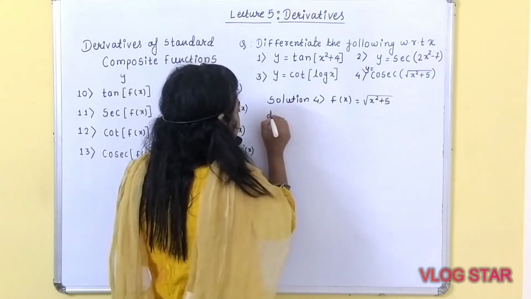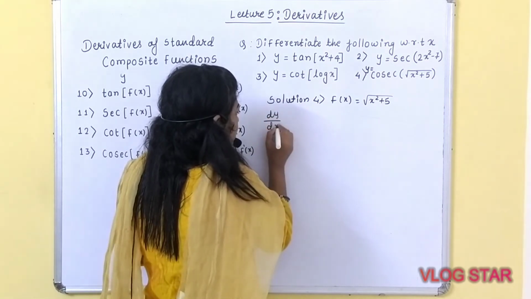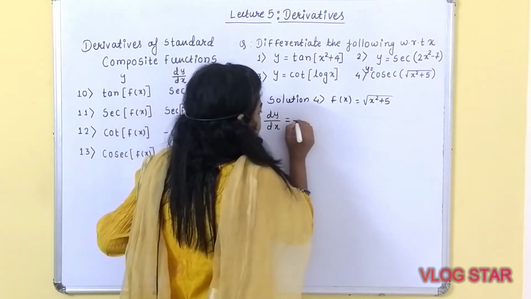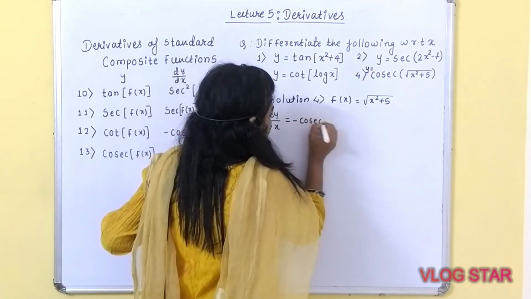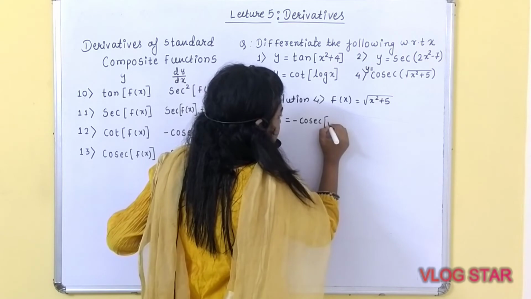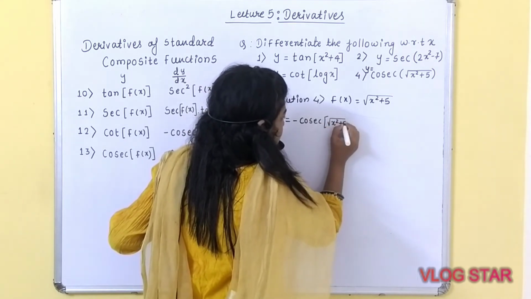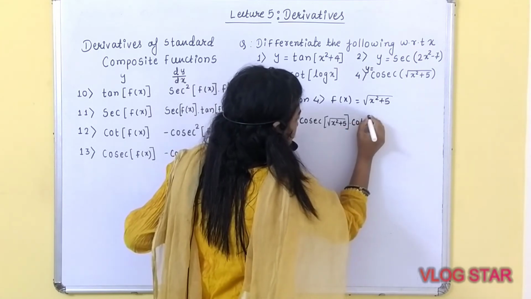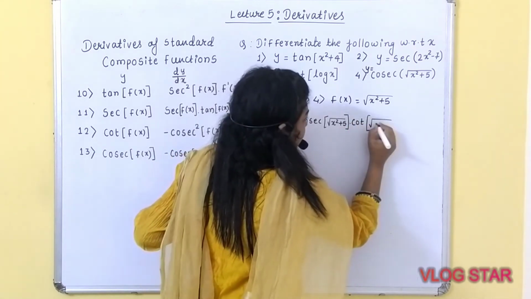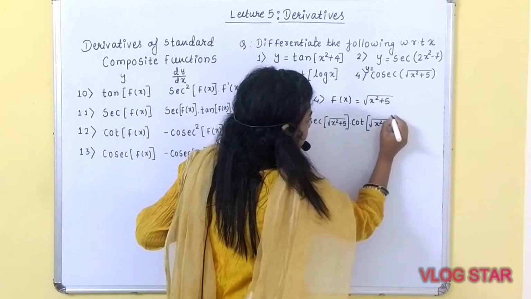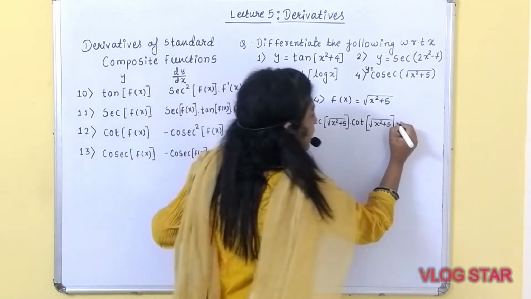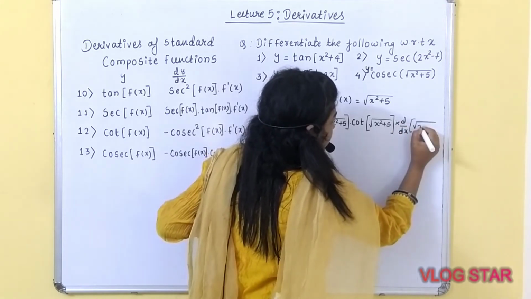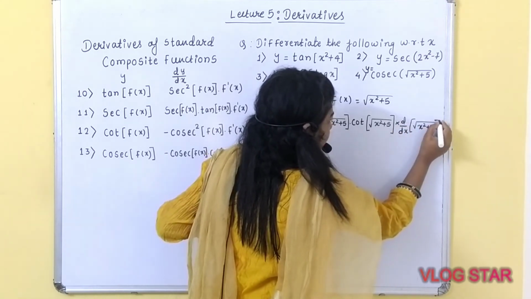Next step is what? We need to take the derivatives of y with respect to x. As per the standard formula, it is minus cosec f of x. So what is f of x in our case? It is under root of x square plus 5 into cot, inside the bracket f of x, that is under root of x square plus 5, into derivatives of under root of x square plus 5.